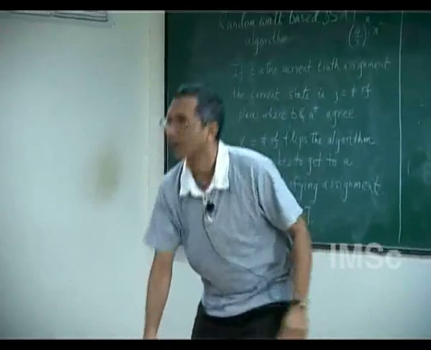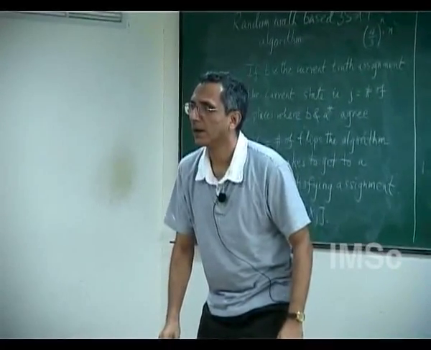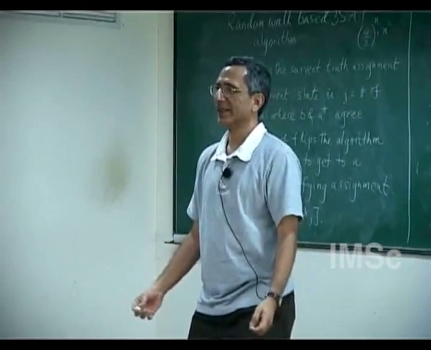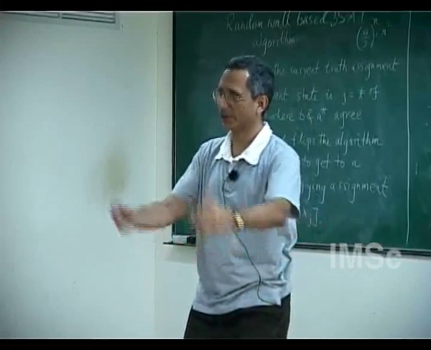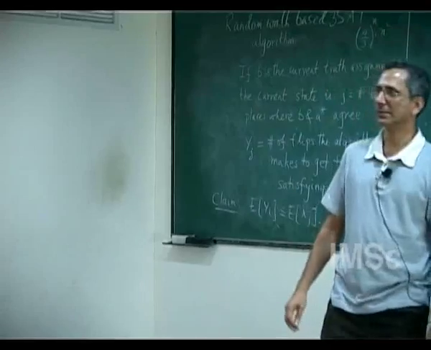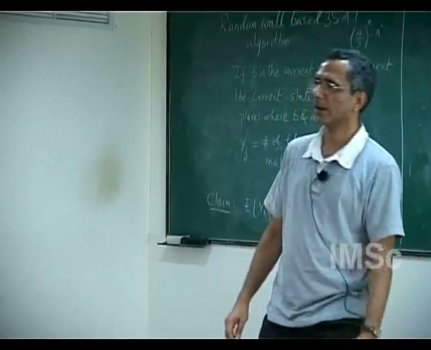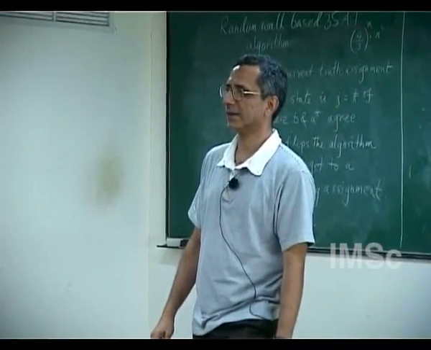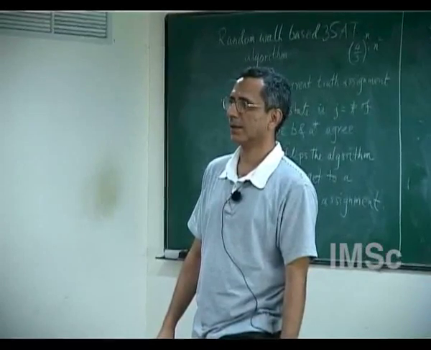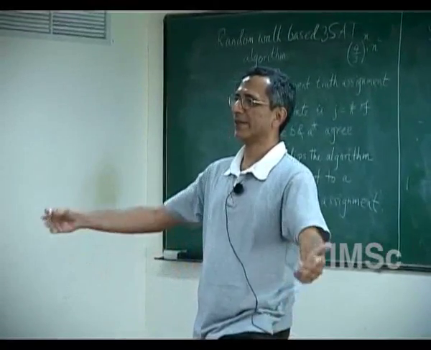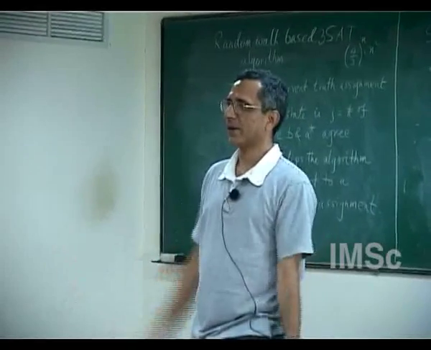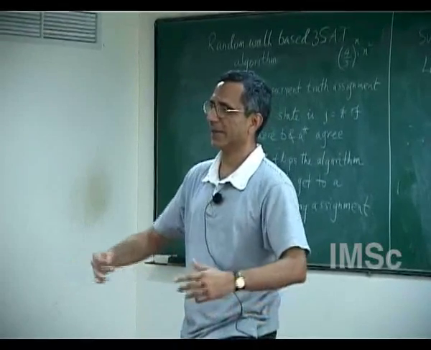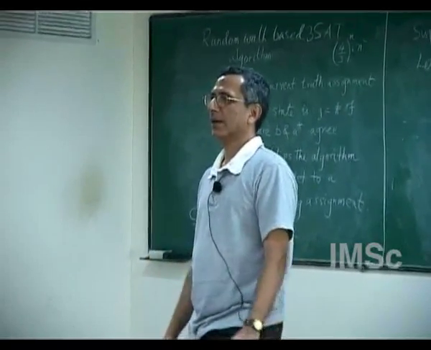So you start with the all zeros assignment. Now you want Hamming weight at most k, so you'll start with something that has all zeros, and then you will make things 1 as you go.